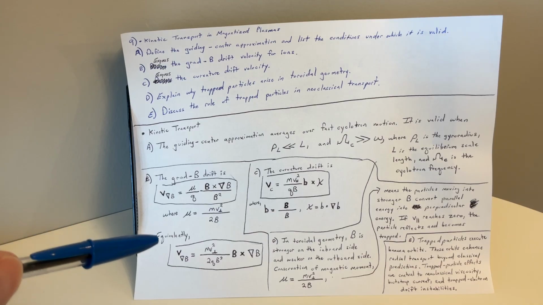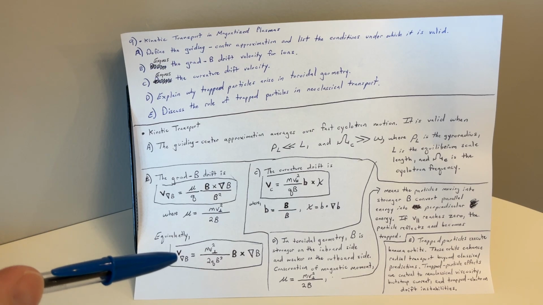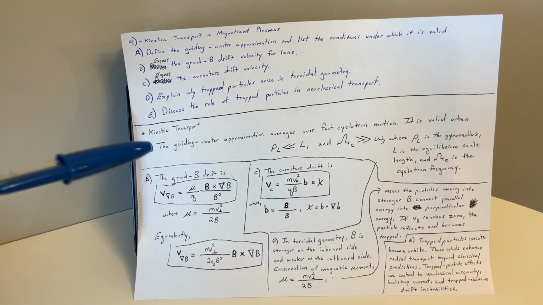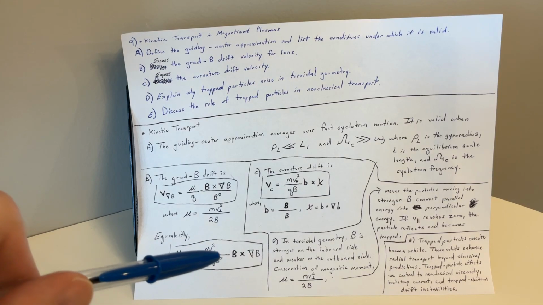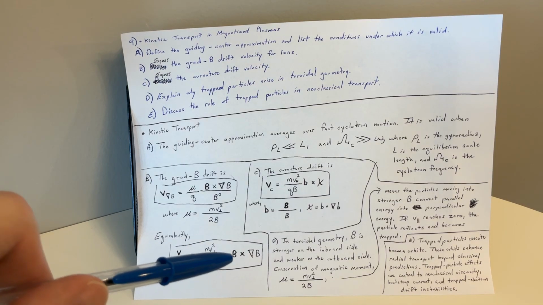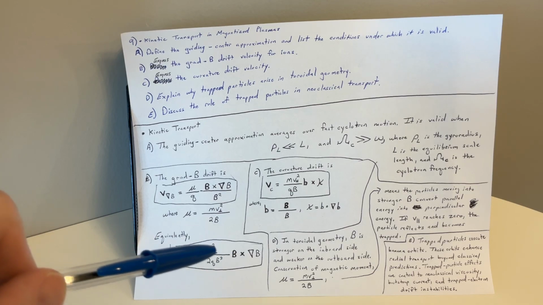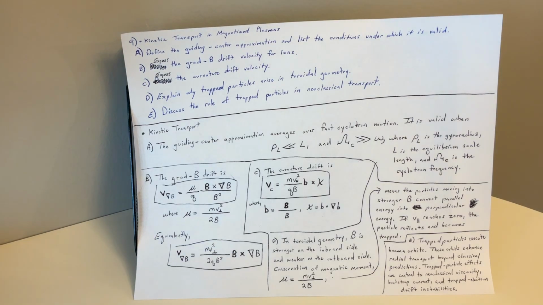Equivalently, v sub grad B equals m v perpendicular squared over 2qB cubed times the magnetic field crossed with del B.